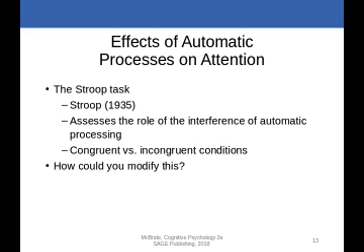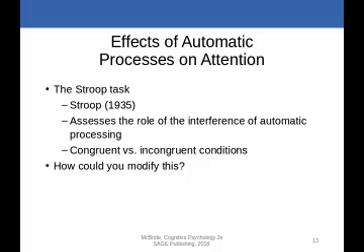One of the more famous ways of studying the effects of automatic processes on attention is the famous Stroop task. This is essentially the task that measures your ability to inhibit your automatic processes and focus attention on a conflicting task. All of you that have taken experimental psychology in the experimental lab know about the Stroop task.